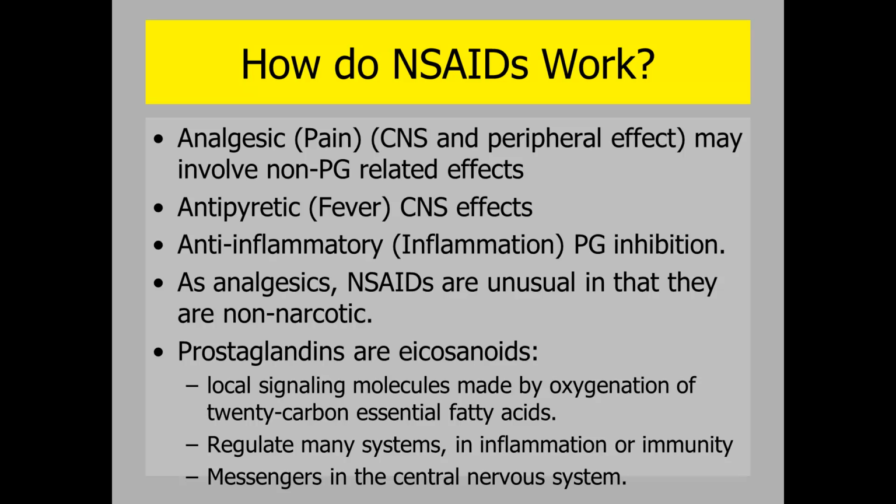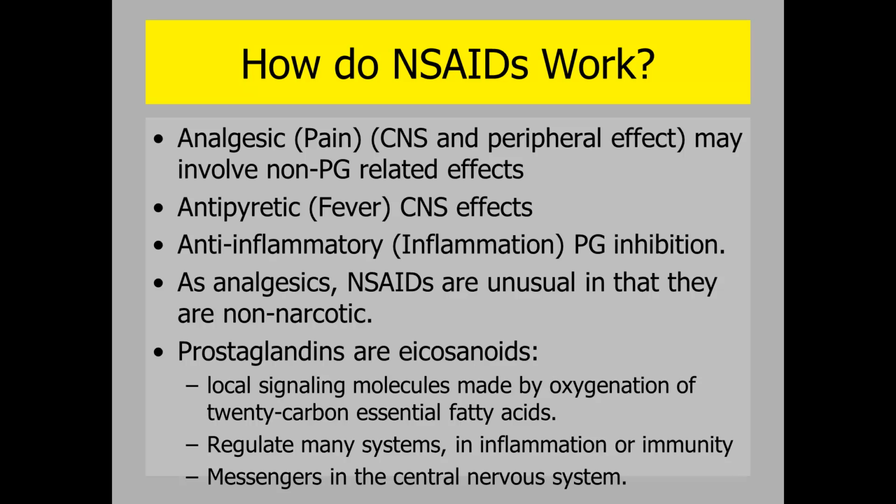So it can involve non-prostaglandin related effects. When they act as an antipyretic or anti-fever drug, they affect the central nervous system. When they act as an anti-inflammatory to reduce inflammation, they affect the prostaglandins. As analgesics, the NSAIDs are unusual because they're non-narcotic.